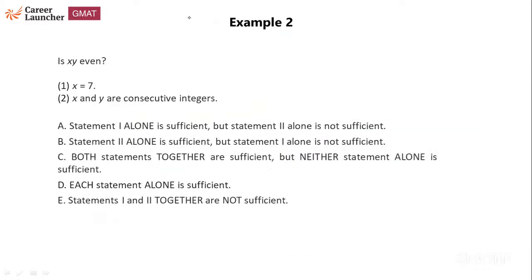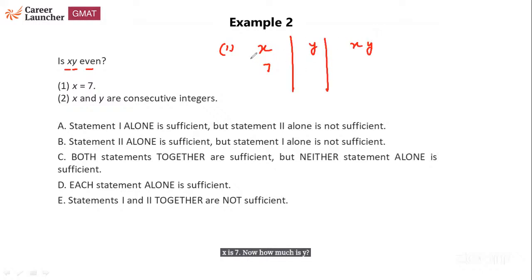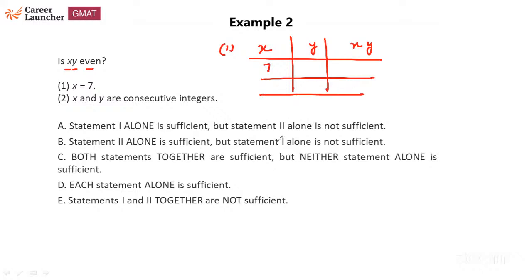Option B was the correct answer here. C was a trap here. It says, is x into y even? Is xy even? First statement, x is 7. Now, how much is y? Let's say y is 1. So, 7 into 1, 7.